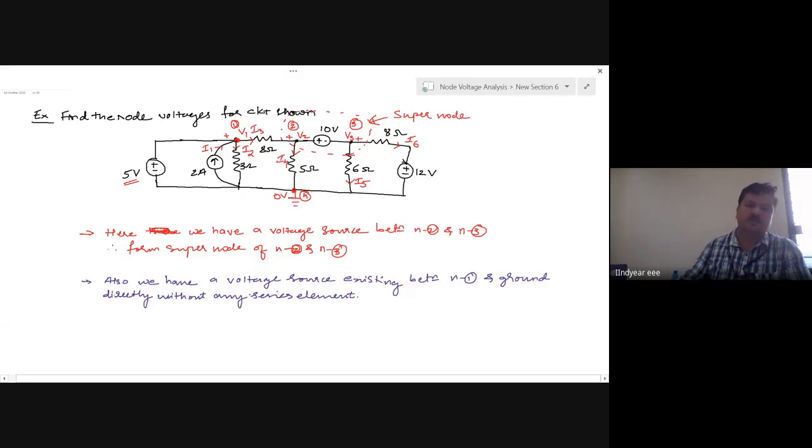Therefore V1 is equal to 5 volts. So I got it directly. V1 is equal to 5 volts.